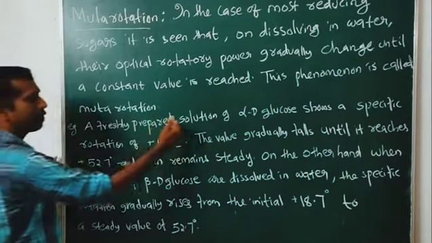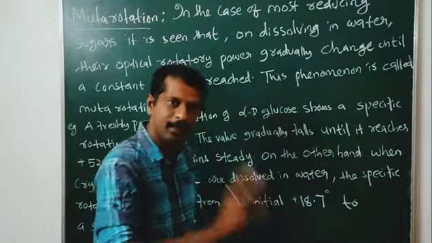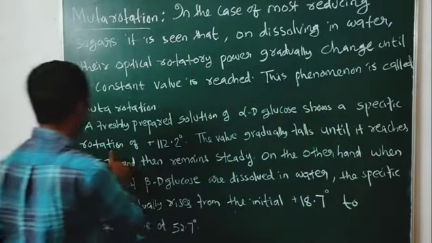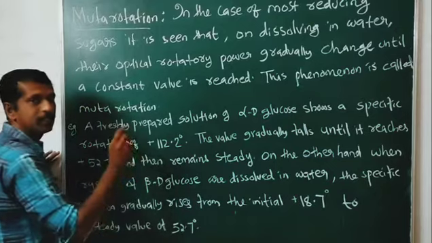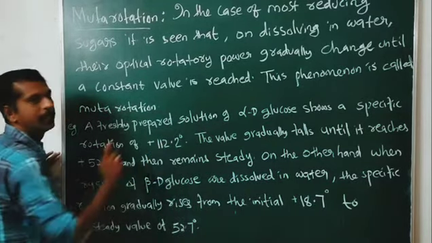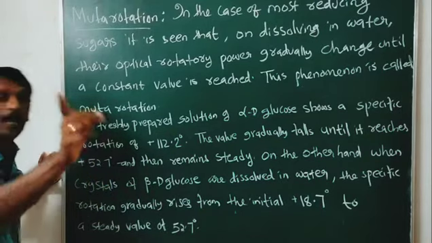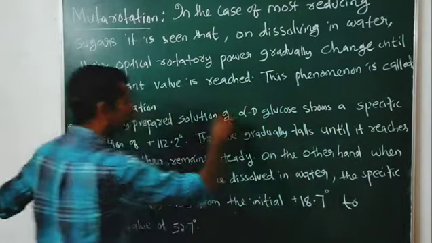A freshly prepared solution of alpha D glucose shows a specific rotation of plus 112.2 degree. This is the specific rotation of alpha D glucose. This value gradually falls because we are preparing a solution.